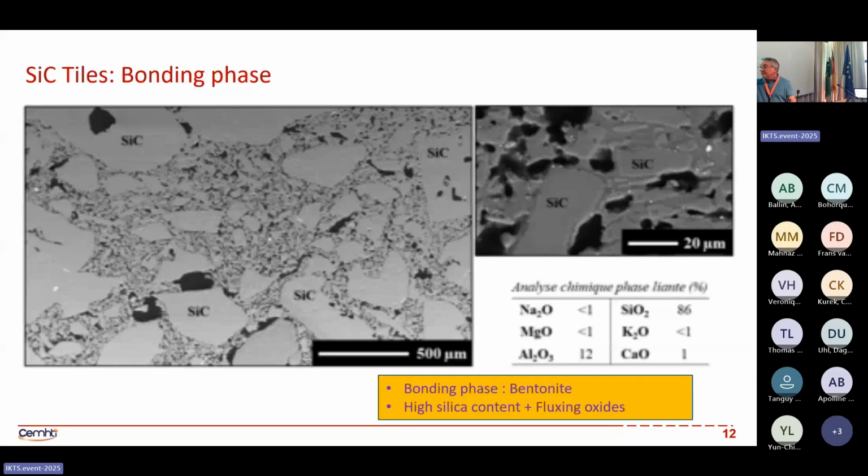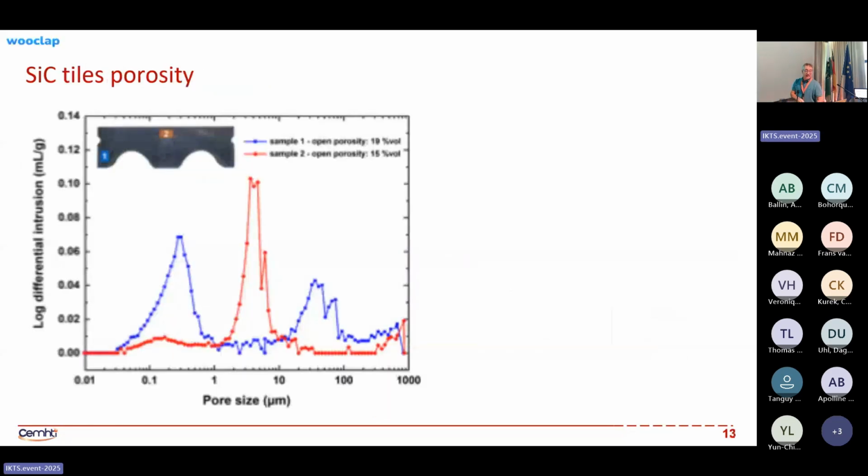Because it is important that the doctor gives you the true diagnostic. If he makes an error, you're dead. So, tiles porosity, WUCLAP.